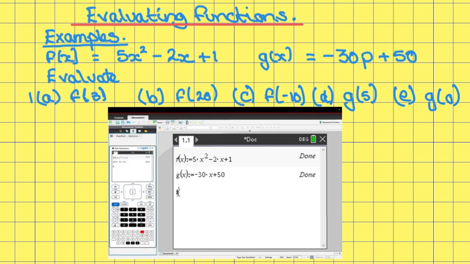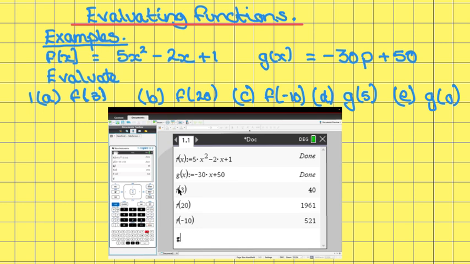So the first one, f(3), enter, answer is 40. Second one, f(20), hit enter, 1961. Third one, f(negative 10), hit enter, 521.